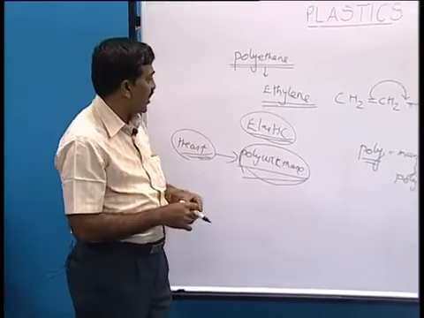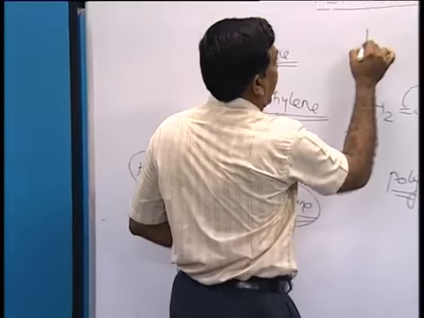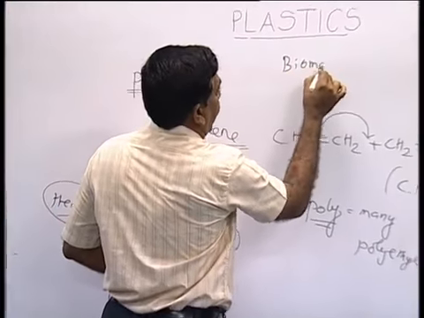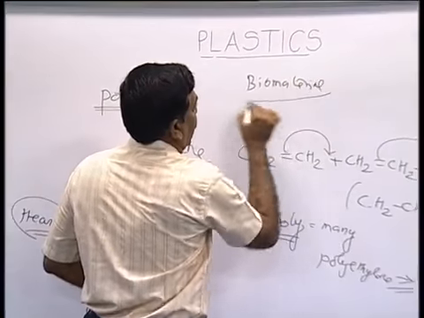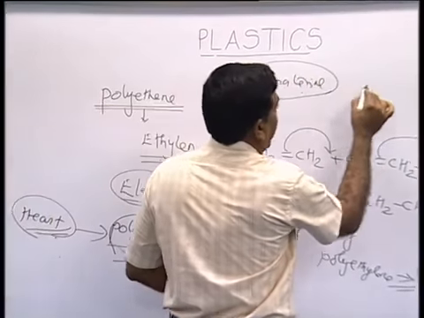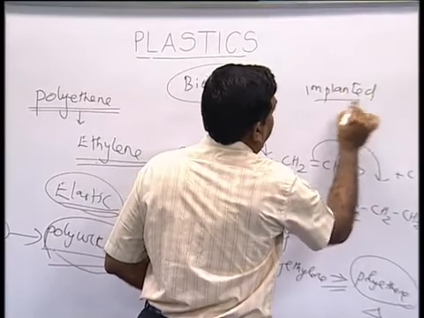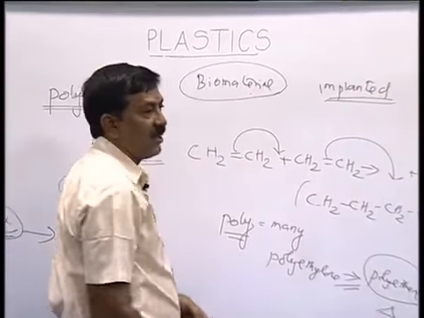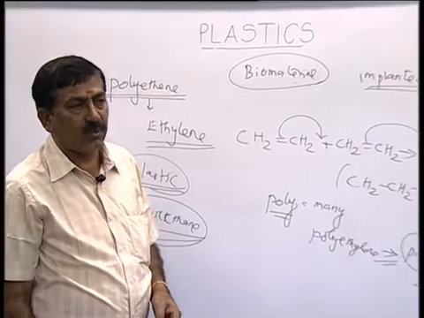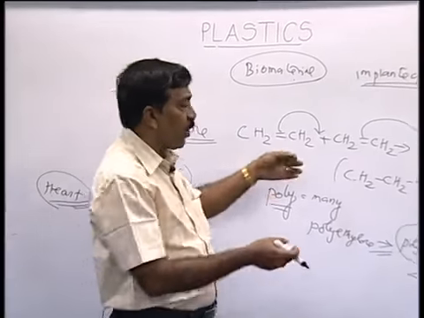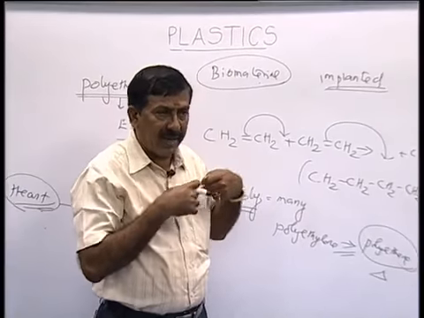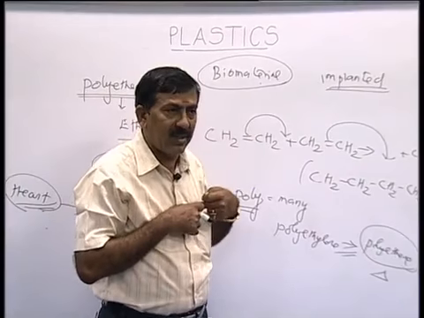So in medicine, plastics act as a biomaterial. The plastic materials can be implanted. Plantation, you know very well, means growing the tree, growing the plant. So we are going to develop a plantation of plastic in our body.